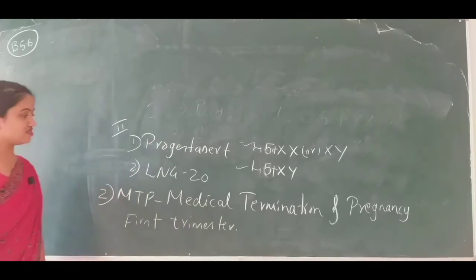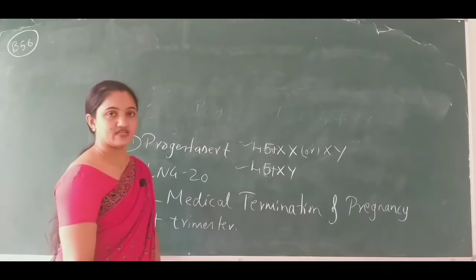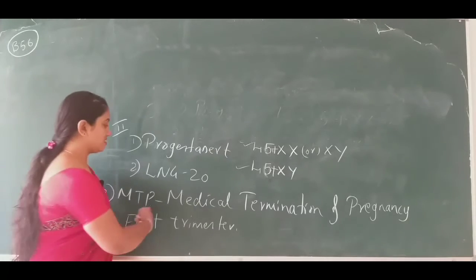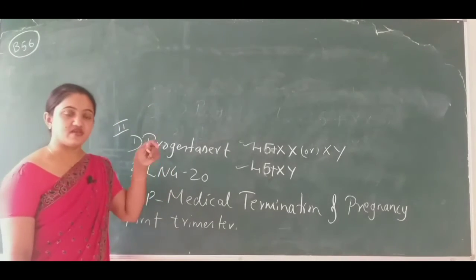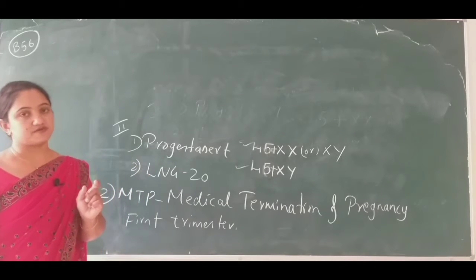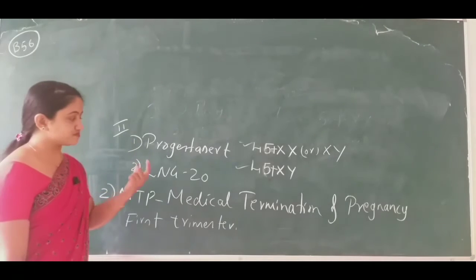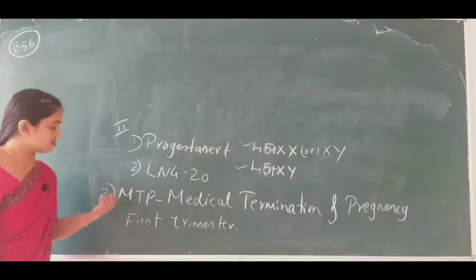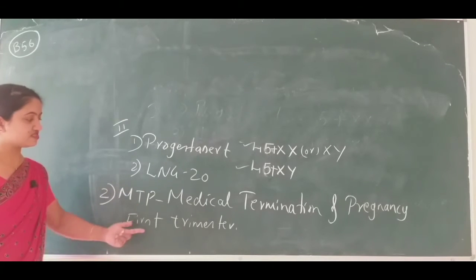Medical termination means the parents who are not willing to carry the baby or any misconception occurs in the fetus, only under doctor's prescription they can terminate their baby. The safest period for MTP is first trimester.